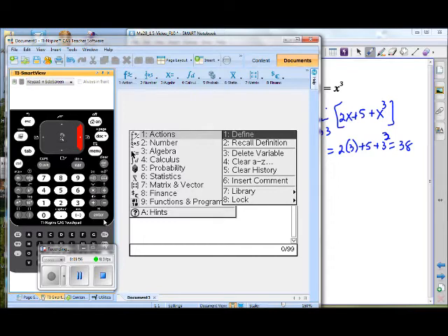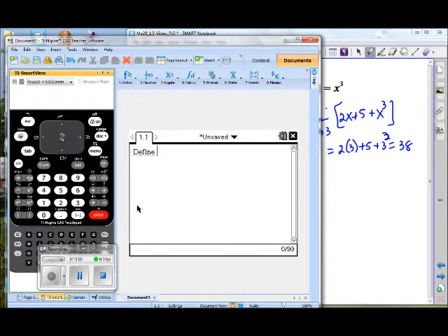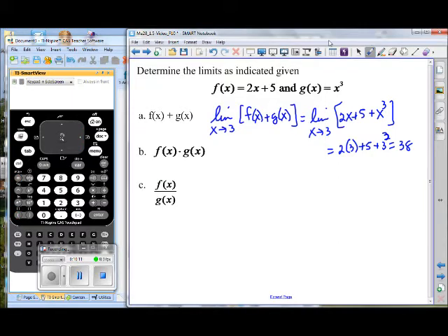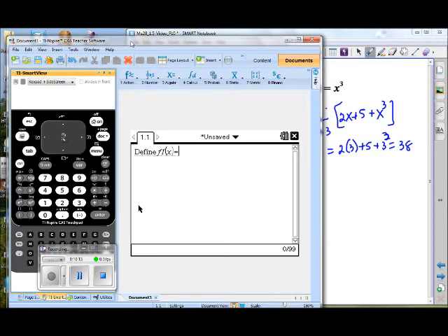And we're going to define a few functions. We've got 2 actually, f of x and g of x. But we're going to define them as f1 of x. And let's see, f1 of x was 2x plus 5. And press enter.